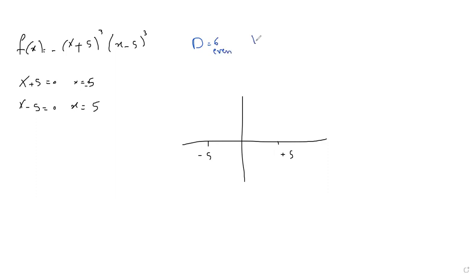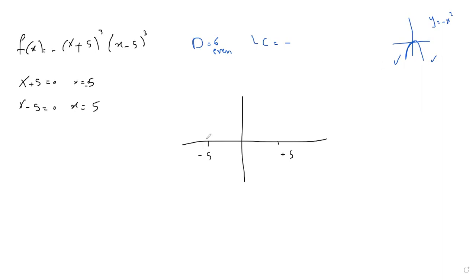Leading coefficient, is it positive or negative? Because we have a negative here, it's negative. When the degree is even and the leading coefficient is negative, we start from quadrant 3 to 4. The example is y equal to negative x squared. So start from here and end here.